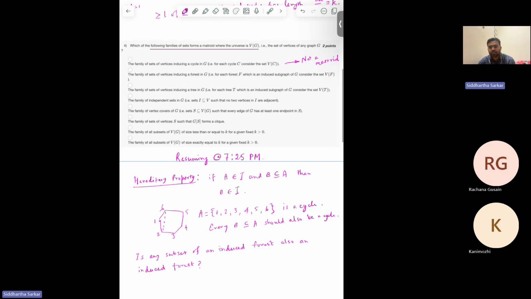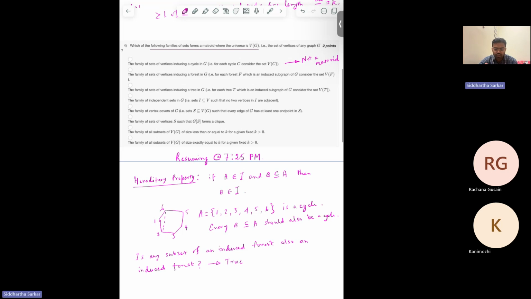If you look at the subset of an induced forest, can it have a cycle? In the forest, there was no cycle. So in a subset of it, how can there be a cycle? So it is true that any subset of an induced forest is also an induced forest. So the hereditary property is fine.